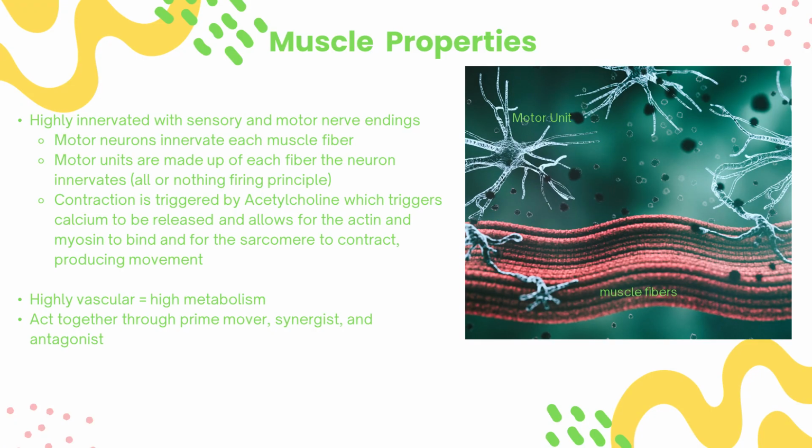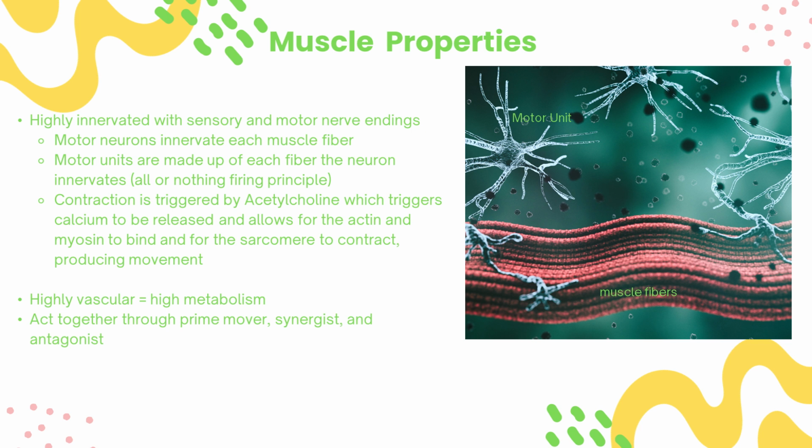So a muscle contracts through the release of acetylcholine. Acetylcholine gets released out of the motor end plate, or that neuromuscular junction where the nerve actually is integrating into the muscle. Acetylcholine gets released and then calcium gets released.